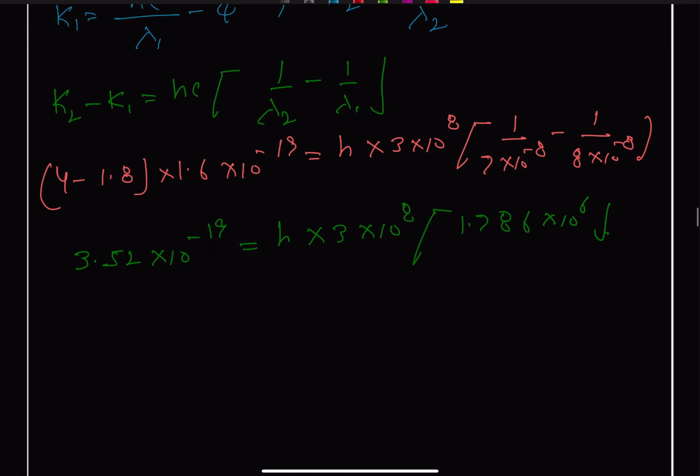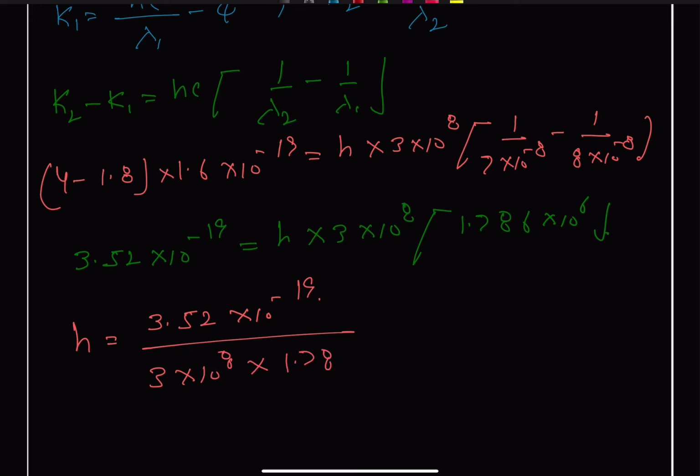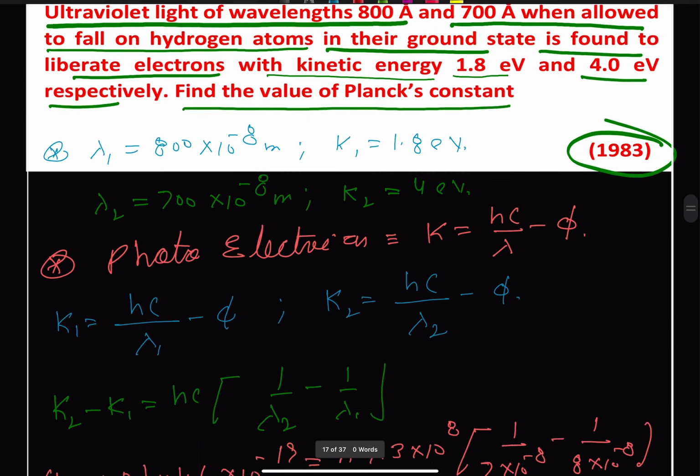So we get Planck's constant H equal to 3.52 into 10 to the power minus 19 divided by 3 into 10 to the power 8 multiplied by 1.78 into 10 to the power 6. This is approximately equal to 6.57 into 10 to the power minus 34 joules, which is close to the actual value of Planck's constant. Next question.